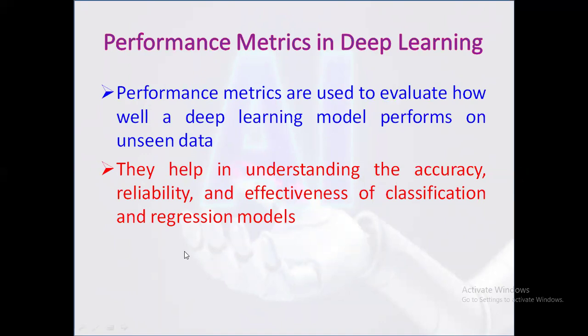They help us understand whether the model is accurate, reliable, and suitable for real world deployment. Different metrics are used for classification and regression problems because each type of task requires different ways of measuring errors and correctness. These metrics guide researchers in comparing models, tuning hyperparameters, and selecting the best architecture.